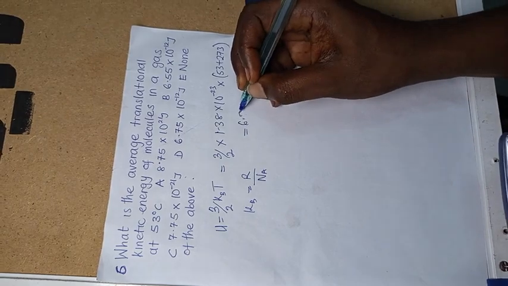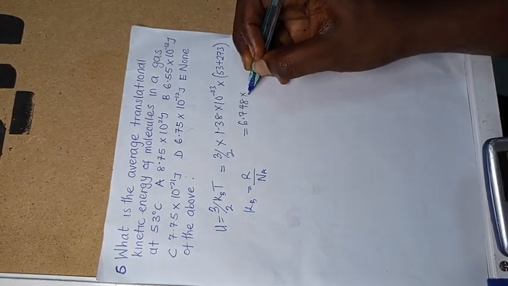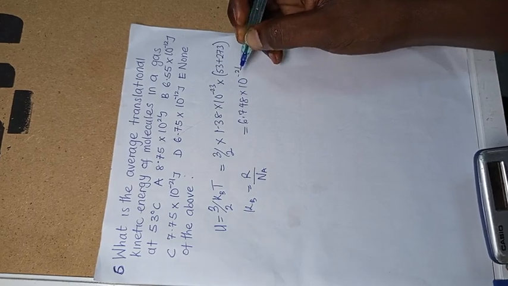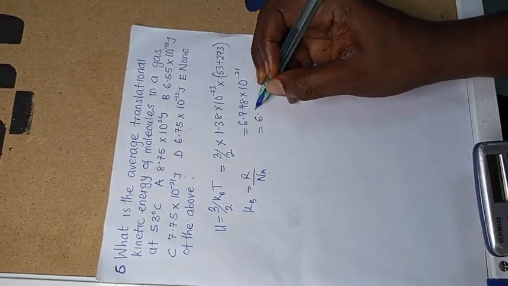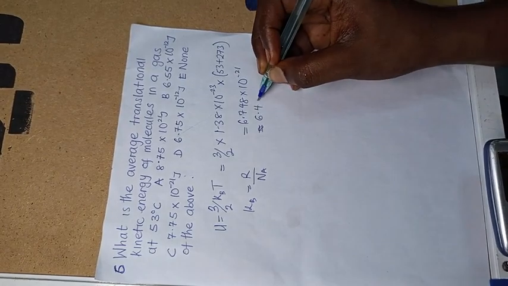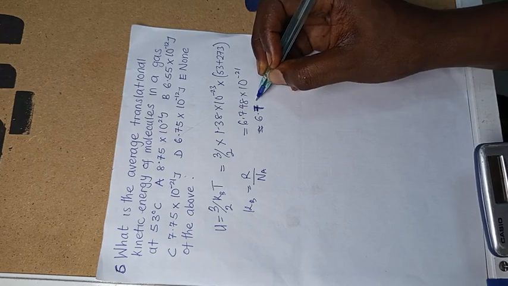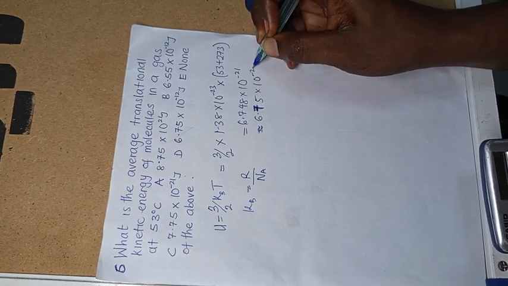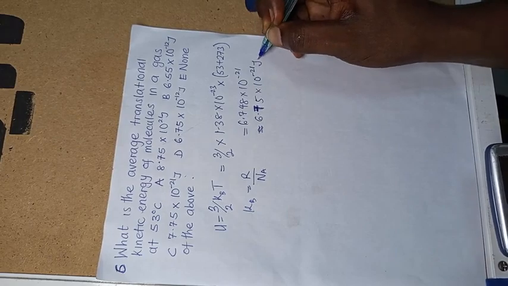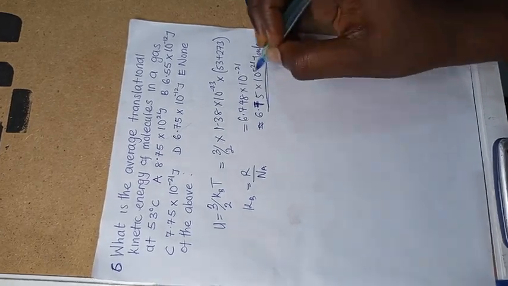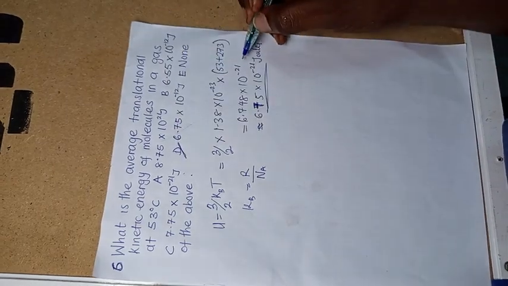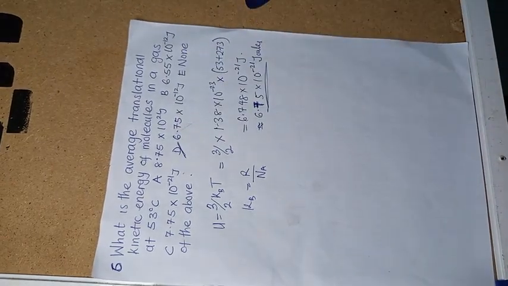So I would have 6.748 times 10 to the power minus 21. If you do it, you have approximately 6.775 times 10 to the power minus 21 joules. So option G. That is our answer.